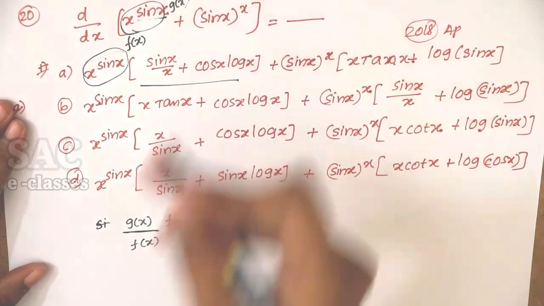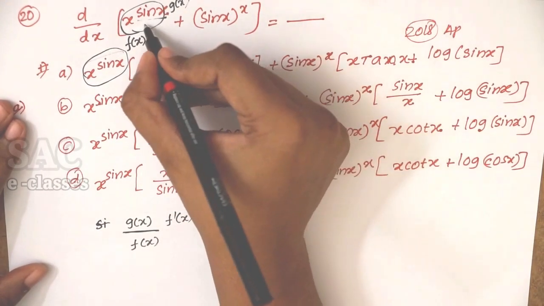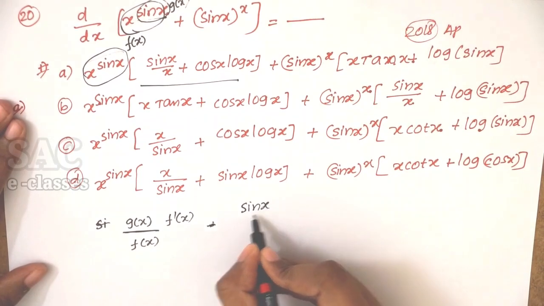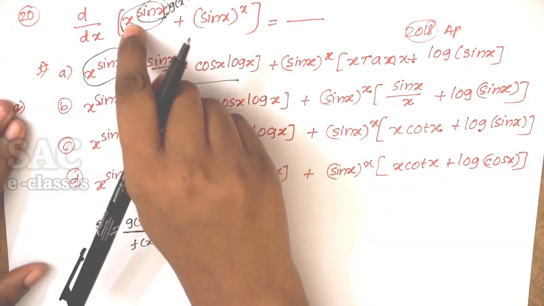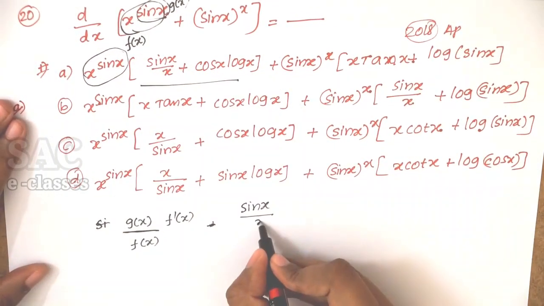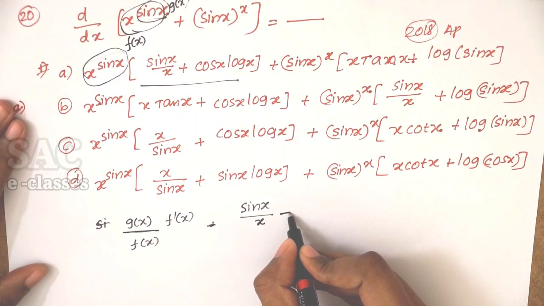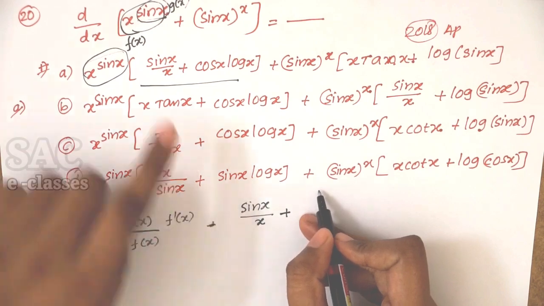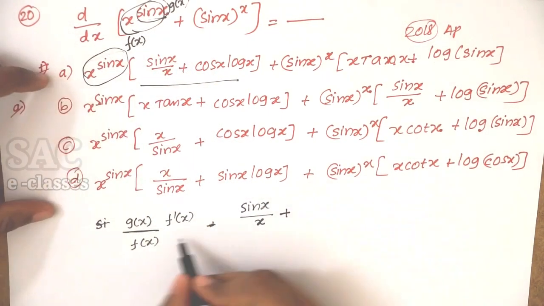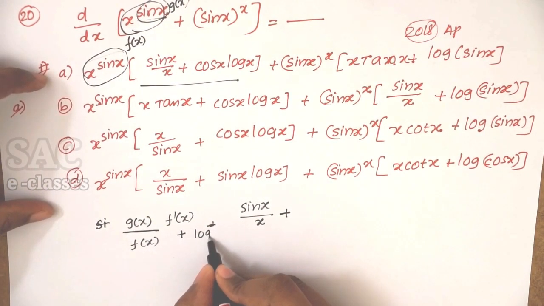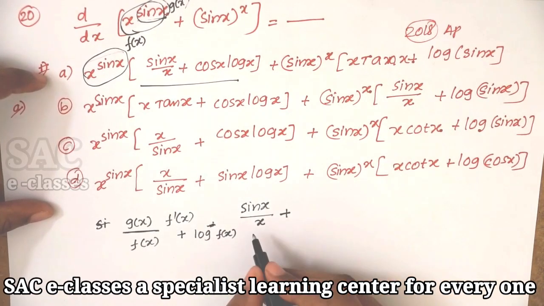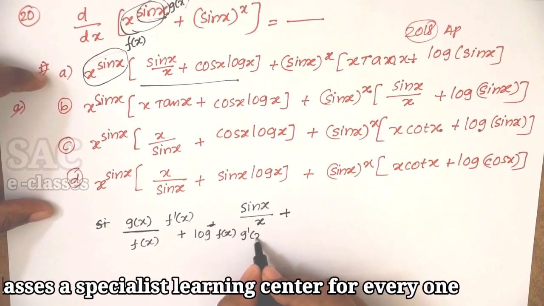Repeat the same for this. That means g of x. What is the g of x? Sin x by x, plus, then what you can do now? We got sin x by x plus log of f of x into g dash of x.